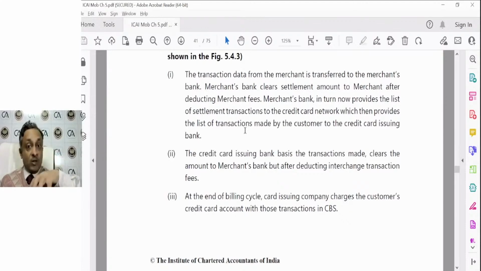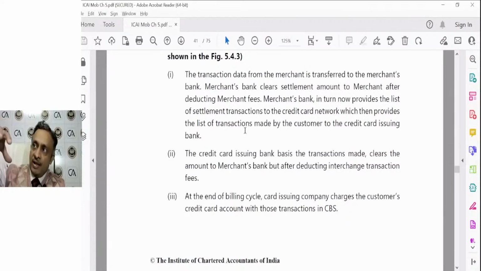Now, because cash is involved, this credit card network is a centralized clearing agency where all merchant banks' credit card transactions are collated. It provides the list of transactions made by the customer to the credit card issuing bank.